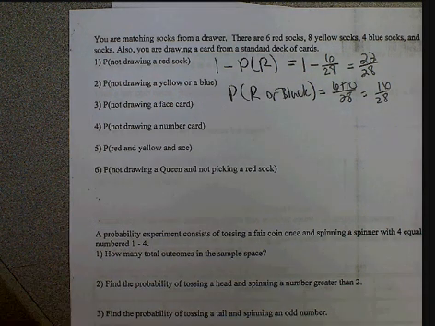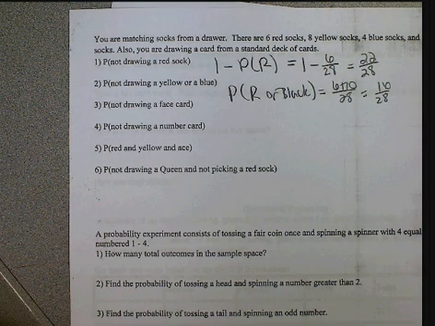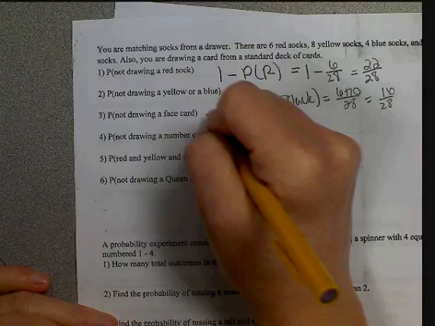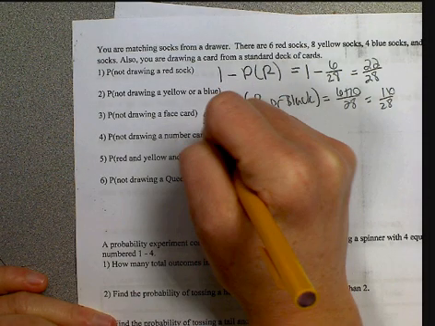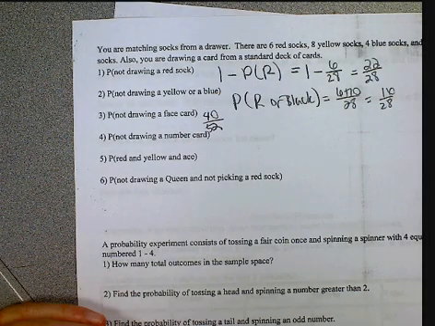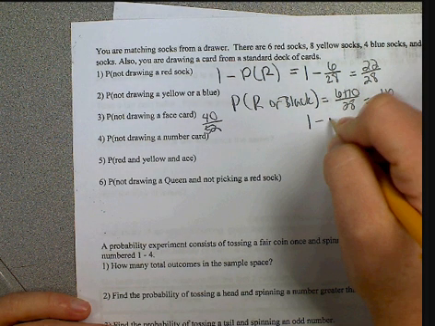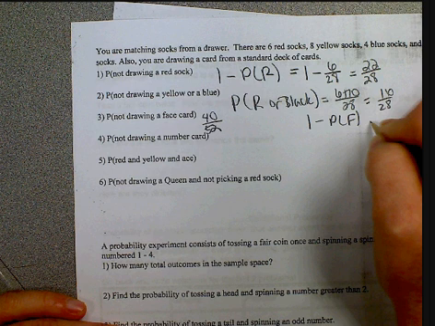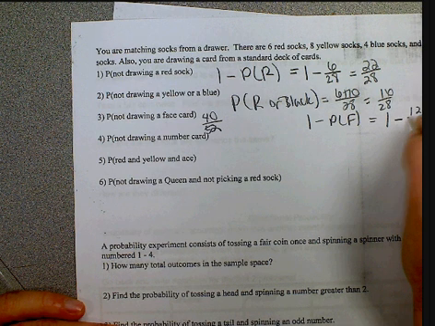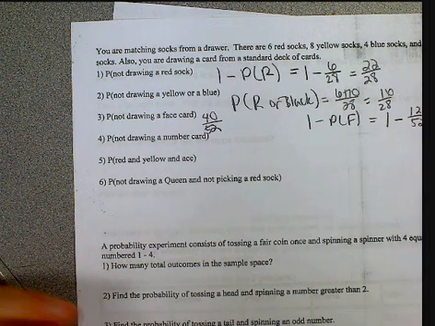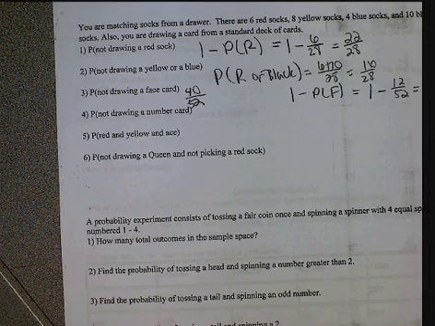So if we look at it just as the problem itself and not take the complement, there are 12 face cards, so that means 40 out of your 52 cards are not face cards. The other way we can work this problem is 1 minus the probability of finding a face card, which would be 1 minus 12 over 52, which would give us 40 over 52 like we already said. Again, there are different ways that we can work this problem.